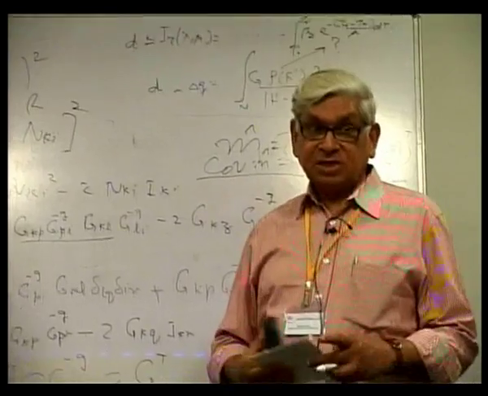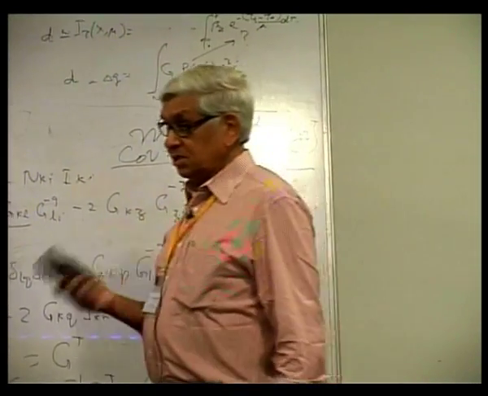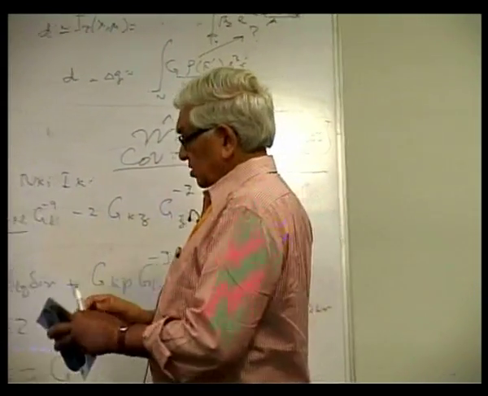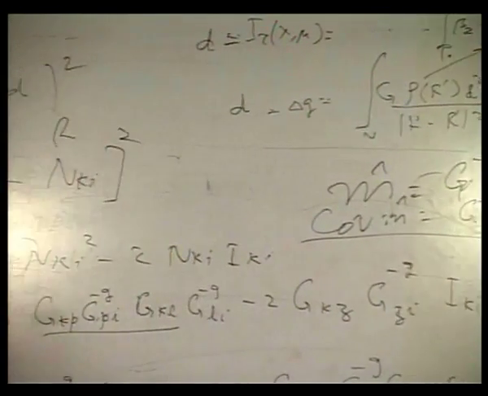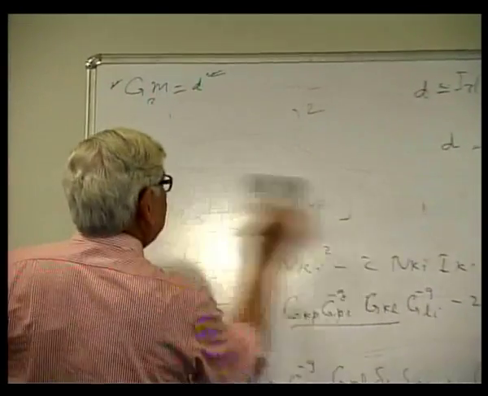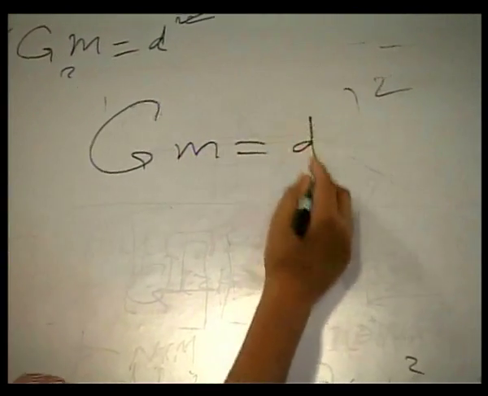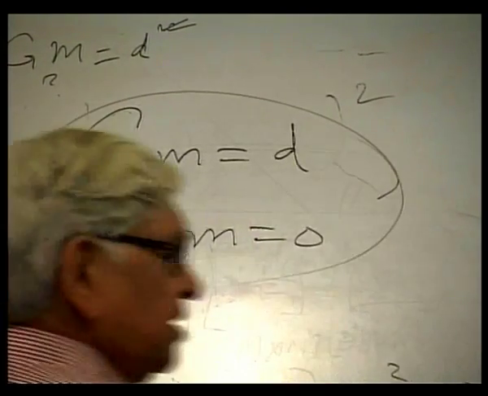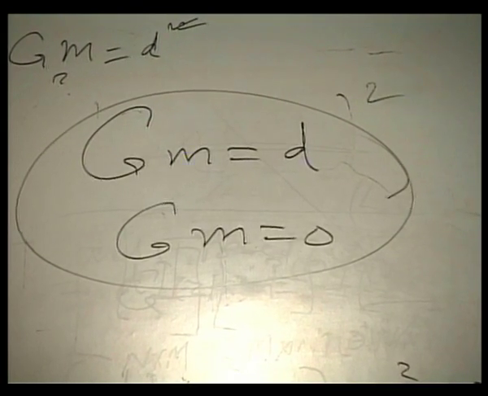Since it's only 5 minutes, I'm not going to do something else that I was going to do, and it's called a singular value decomposition, which allows you to separate, for example, Cn equal to D. Remember that any solution of Gm equal to 0 is also a solution of that.